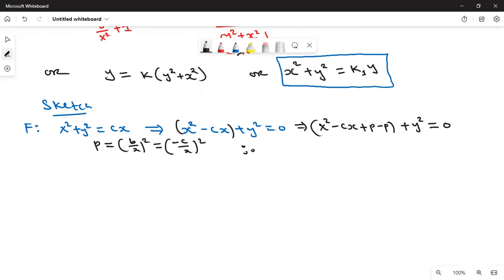So therefore, now we have x squared minus cx plus, now when you square that you get c squared over 4.